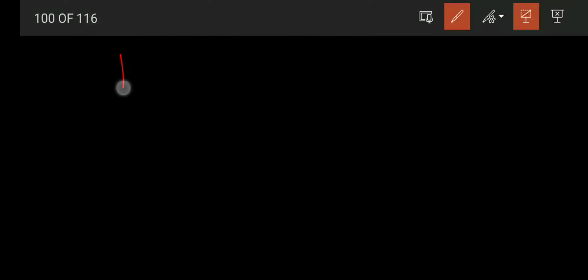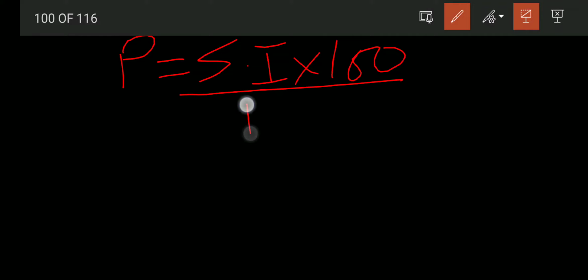I'll show you how we are doing using this mixed fraction and improper fraction. So P equals to SI into 100 by R into T. Now let us see here.